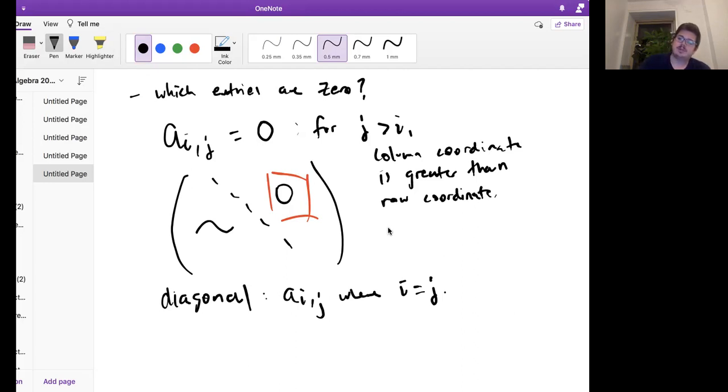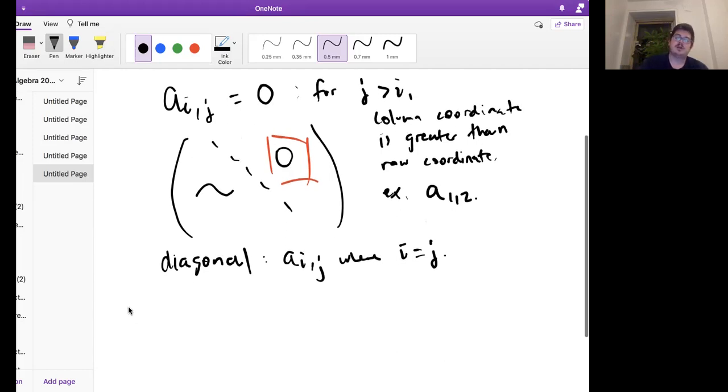So for example, A1,2 is in the upper right part of the matrix. Does that make sense? So for lower, for what was that?